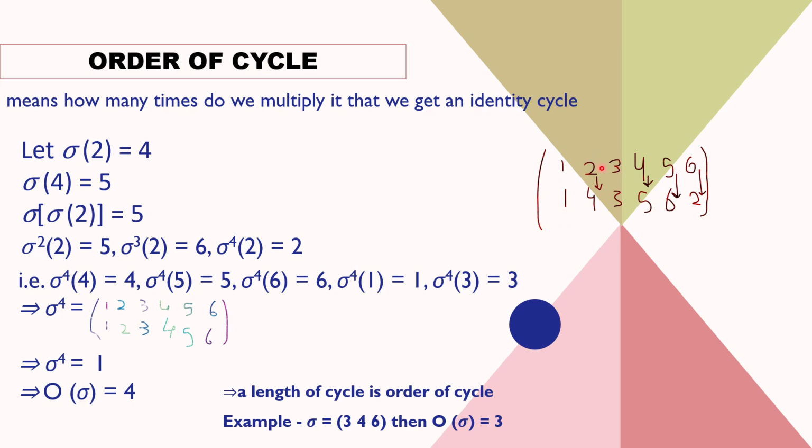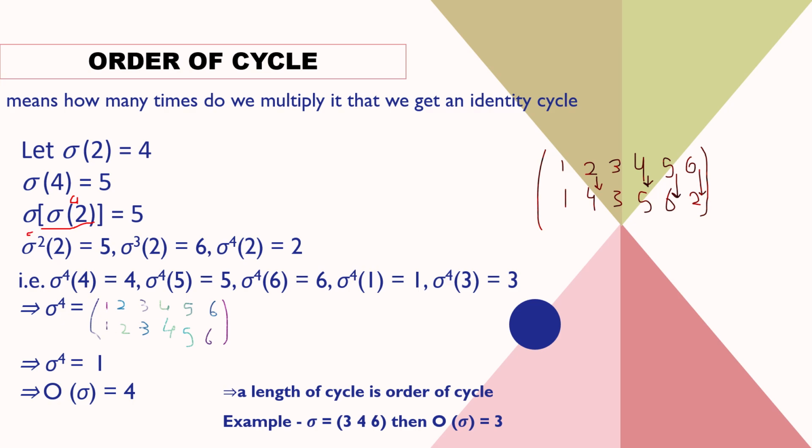We have 2 goes to 4. So let's suppose we write here the image of 2 is 4. Now what you are going to do is multiply it with itself. So for this you're going to take another permutation. For the image of 2 is 4, then the image of the image of 2: the image of 2 is 4, so in place of this you will write 4.